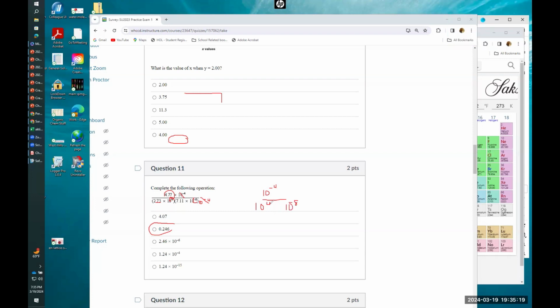Since these are exponents with the same base, we can just say 10 to the 4 minus 8 on the bottom. Isn't that going to be equal to 10 to the minus 4?